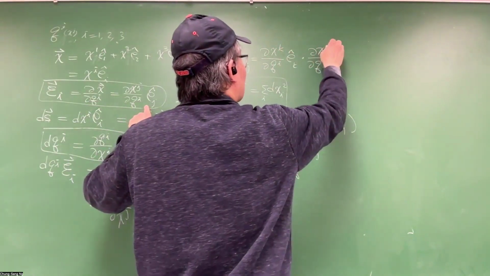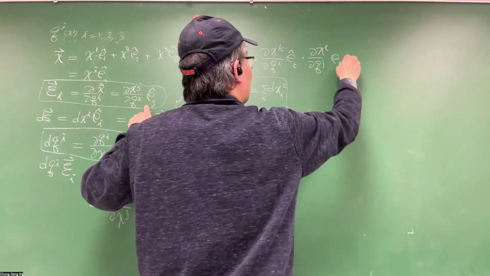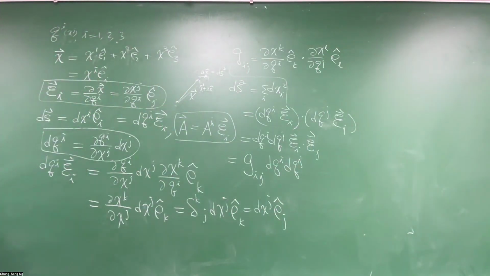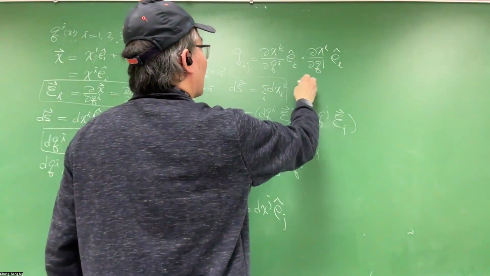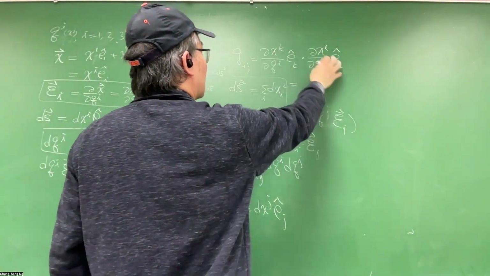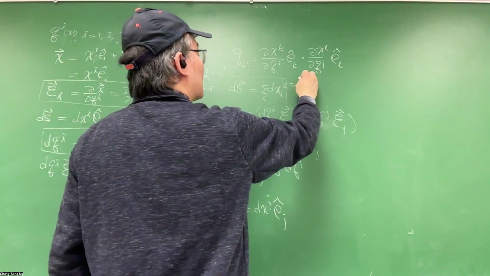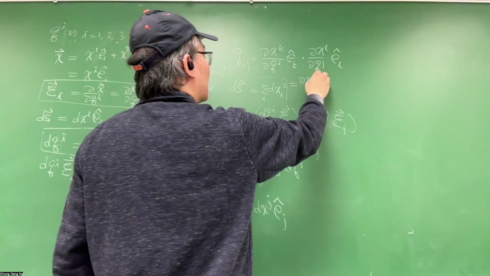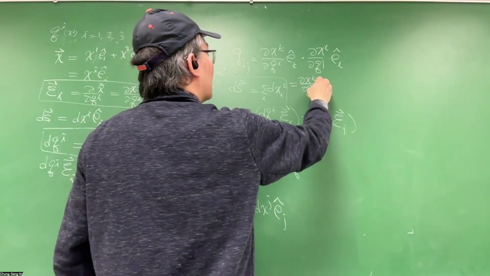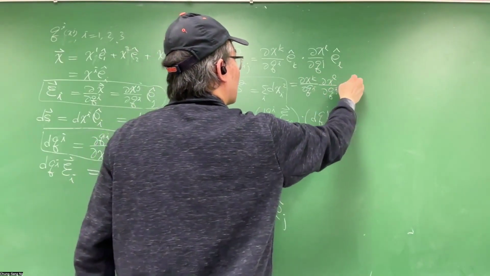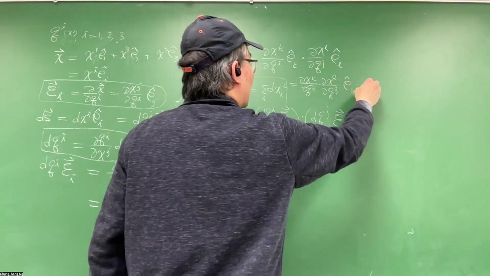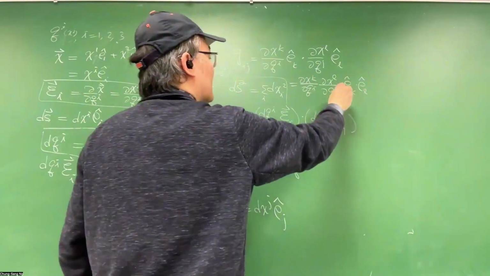That's x^l and e_l, right? We can do that, and now we can write it down. Just take this transformation matrix out: partial q^i over partial x^l, partial q^j over partial x^m, and e_l dot e_m, right?